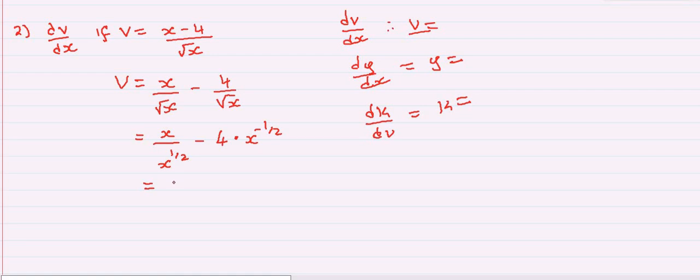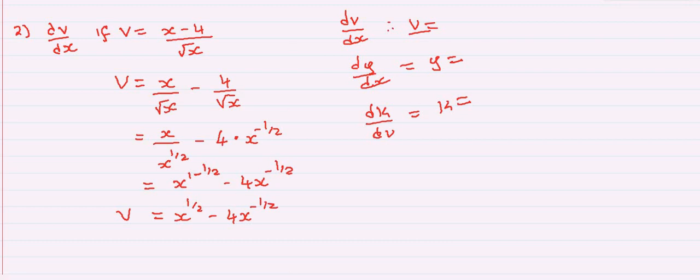When you simplify this, it becomes x exponent 1 minus 1 over 2, which is 1 over 2, minus 4 x exponent negative 1 over 2. So v will be equal to x exponent 1 over 2 minus 4 x exponent negative 1 over 2.